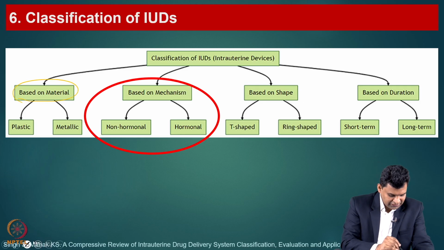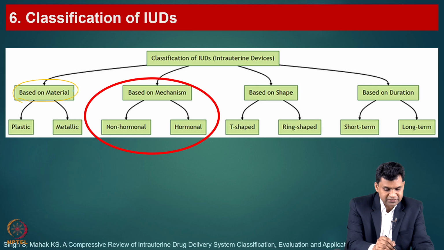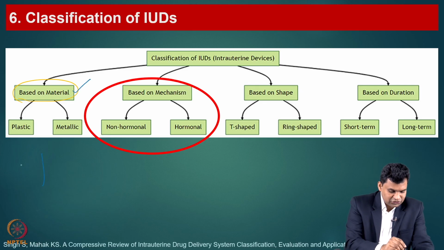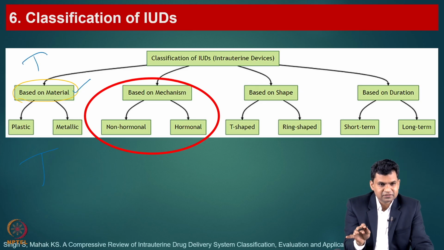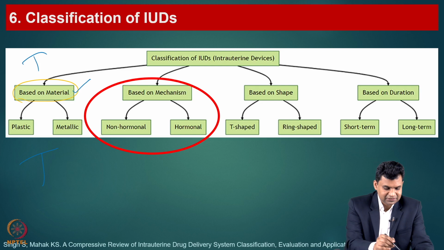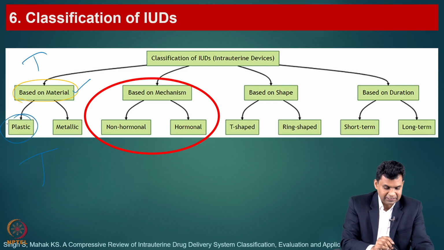As you can see in the picture, the T-shaped device can be classified into two categories: the first is plastic material and the other is metallic.